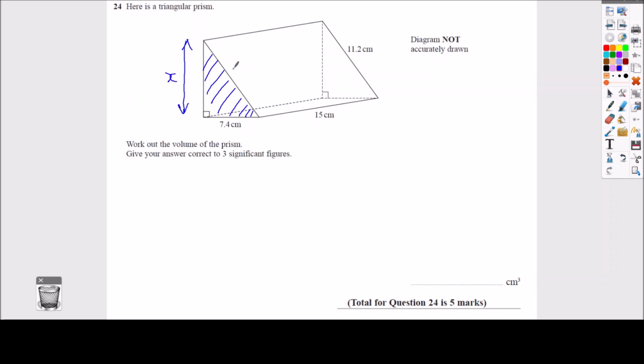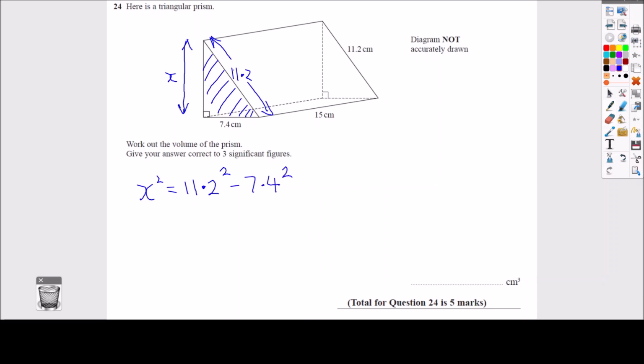Well, we can use Pythagoras. We know that diagonal height is 11.2, the base is 7.4, we need to work out x. Now we're working out one of the two shorter sides, so it's a taking away Pythagoras. So x squared equals 11.2 squared, take away 7.4 squared.